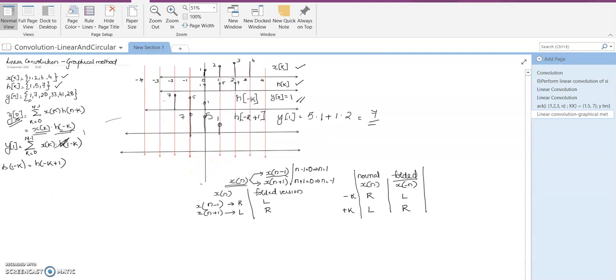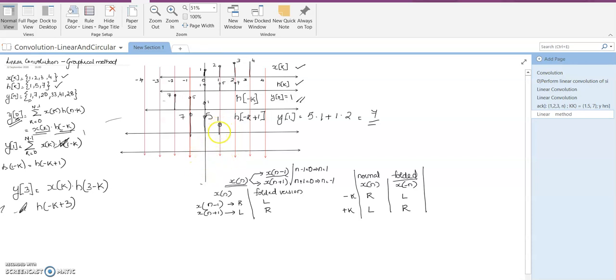Now let me take this a little bit forward, and we'll try to solve this problem for one more term, that is y of 3. Let's try this problem for y of 3. So y of 3 means x of k will have to be operated with h of 3 minus k, which means it is h of minus k plus 3, and h of minus k plus 3 will be h of minus k shifted 3 places to the right.